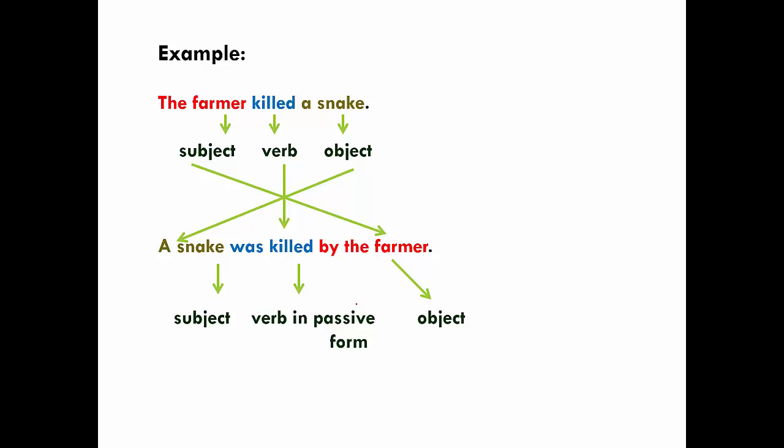The farmer, which was the subject, has taken the position of the object. And the verb killed, there's a small change in this form of the verb. It's now was killed. That is the change we have made in the passive form. Now the sentence in passive voice reads as a snake was killed by the farmer.